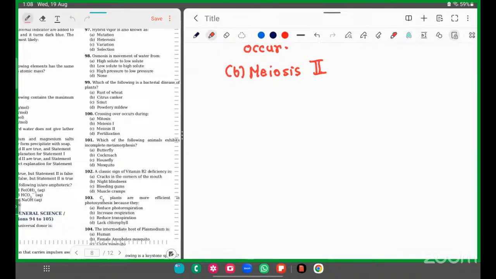C also does not undergo incomplete metamorphosis; its life cycle advances through egg, larva, pupa, and adult stages. Similarly, the mosquito undergoes complete metamorphosis. It develops from an egg into an aquatic larva, then into a pupa, and finally emerges as a flying adult. So the cockroach is the only option which undergoes incomplete metamorphosis.